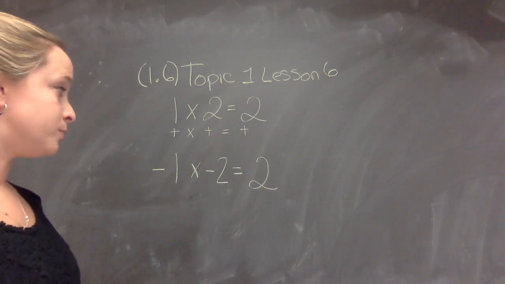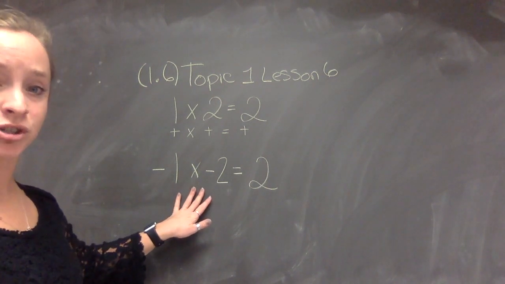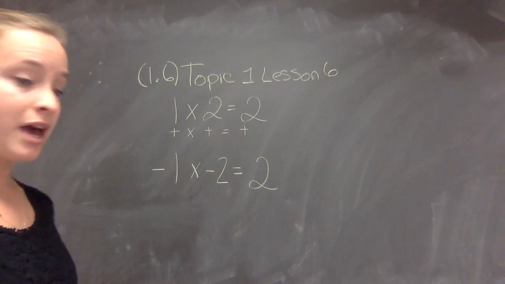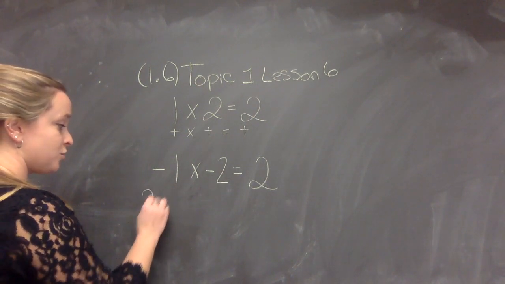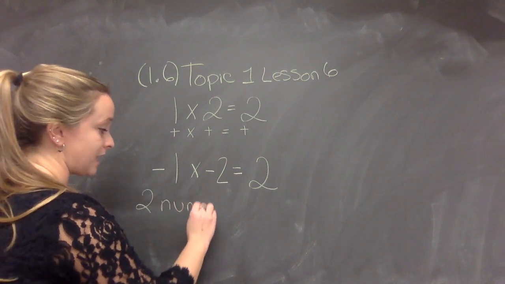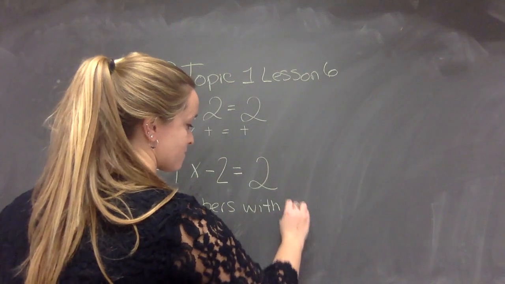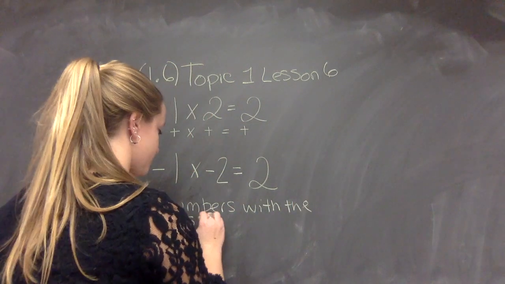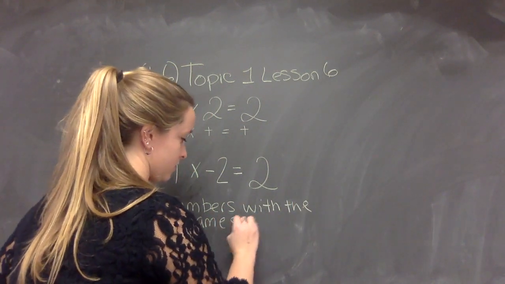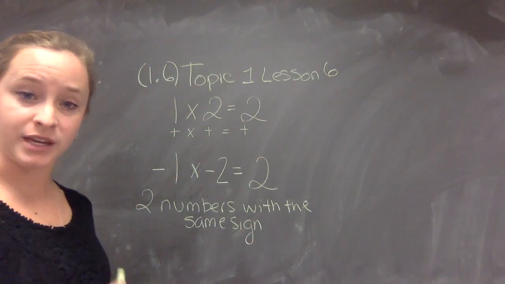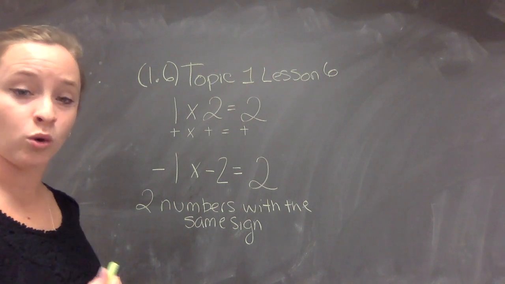So if I have two negative numbers that are being multiplied together, my answer is going to be positive. So that means if I have two numbers with the same sign, their product, or the answer to the multiplication problem, would be positive.